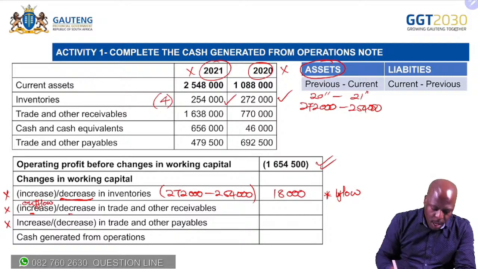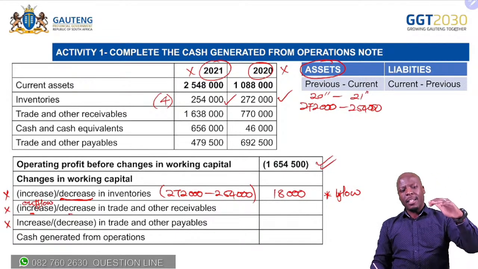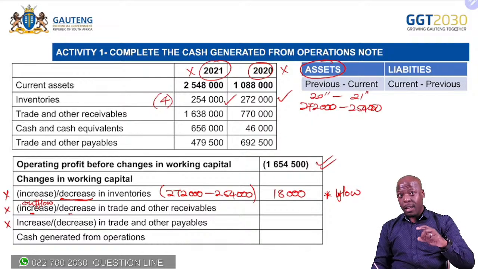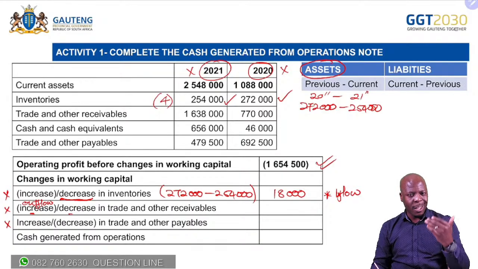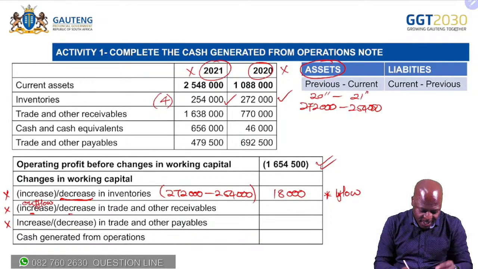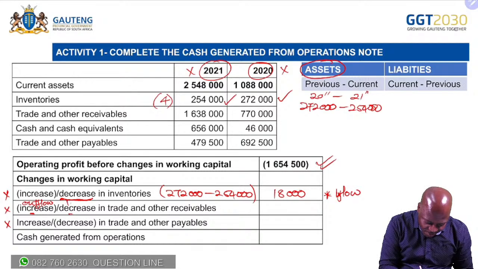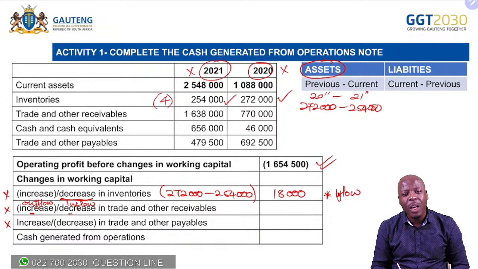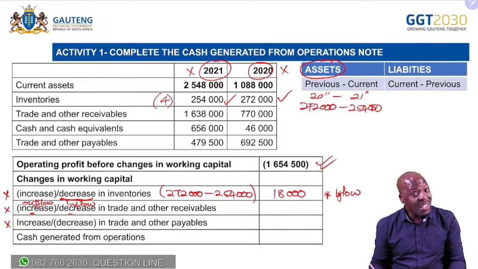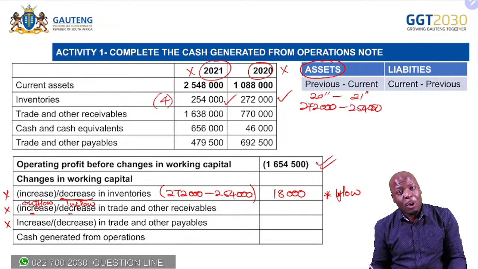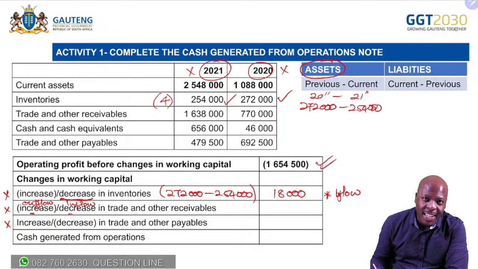But if your debtors are decreasing, what does that mean? They are paying. If your debtors keep decreasing, those debtors are paying you. And once debtors pay us, we call it a cash inflow. Okay? So you can use this explanation that I've given, or I trust my calculator.